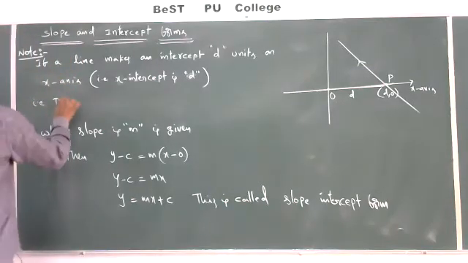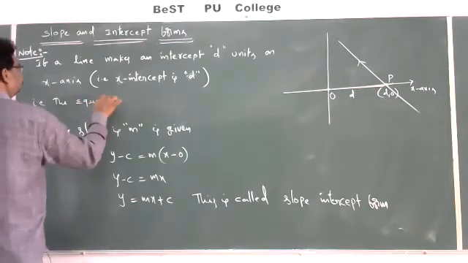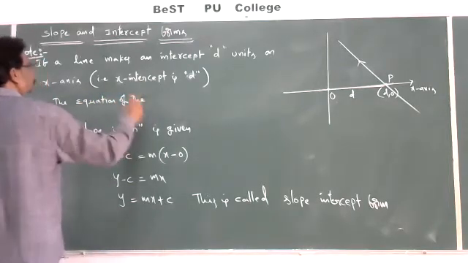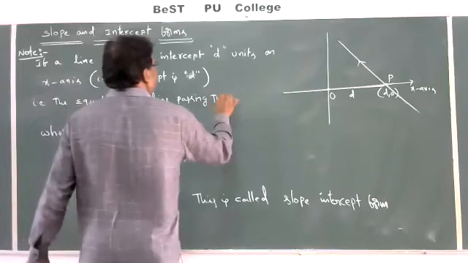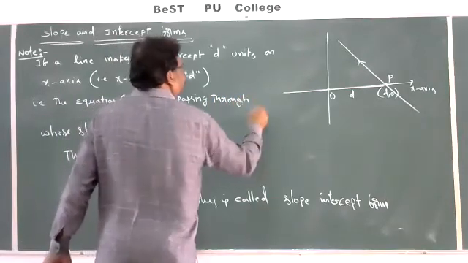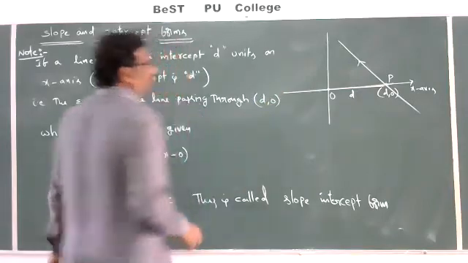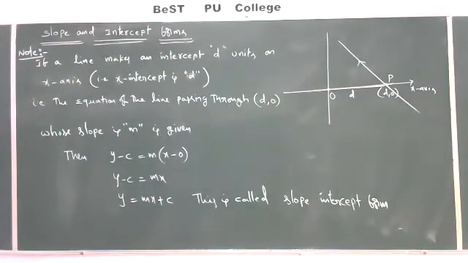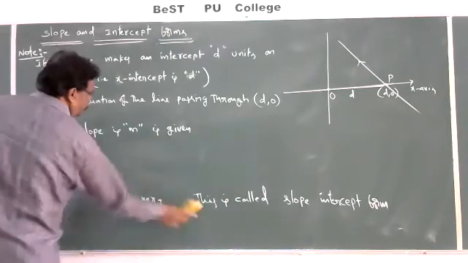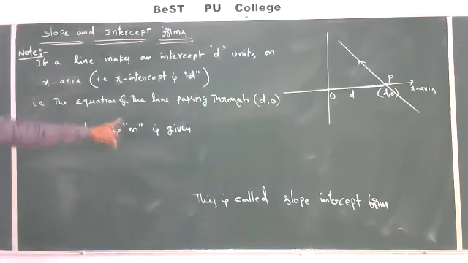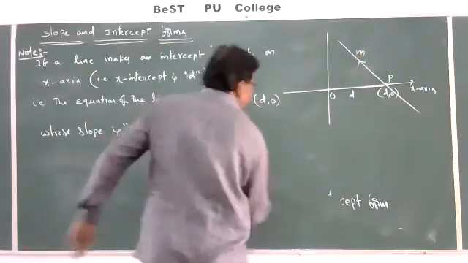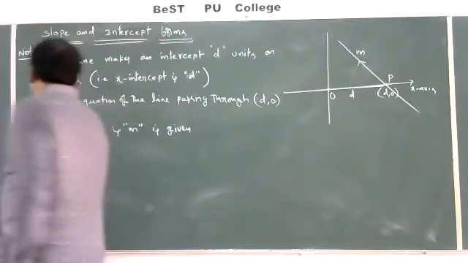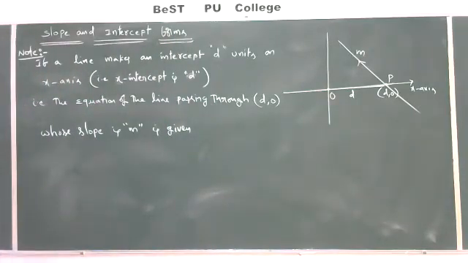The equation of the line passing through d comma 0, whose slope m is given.